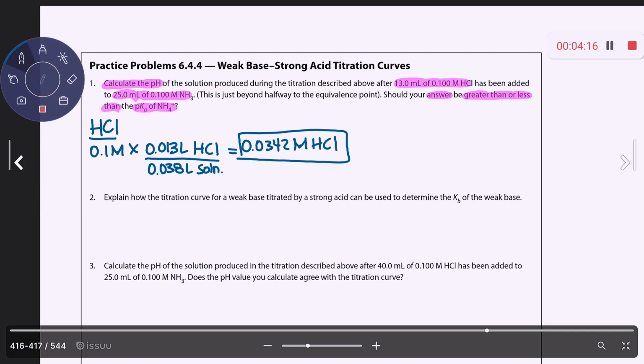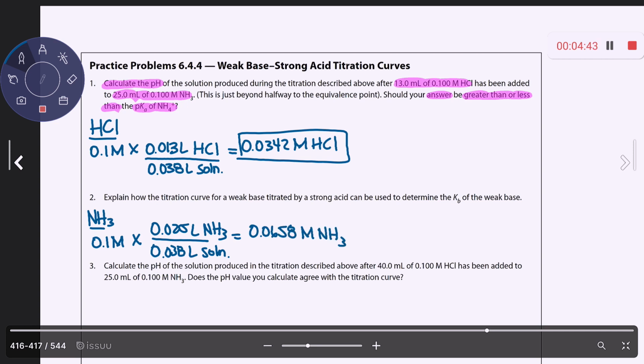And then for my NH3, this is 0.1 times 0.025 divided by 0.038. Okay, I got 0.06. All right, so there's our new molarities from the dilution.